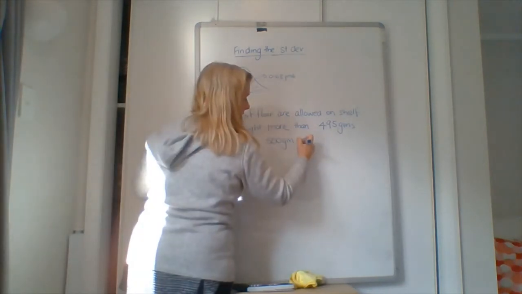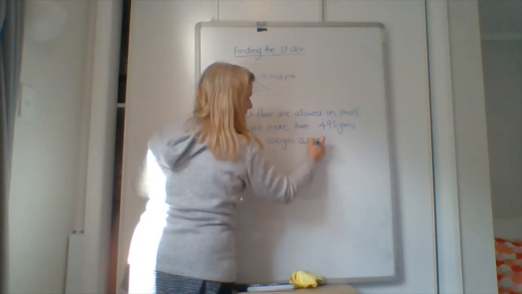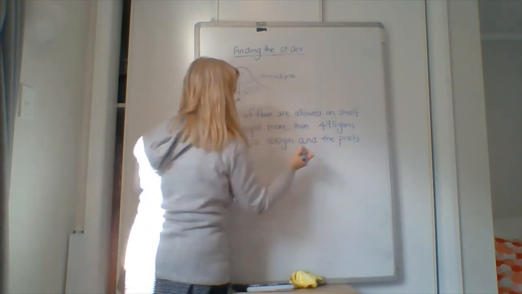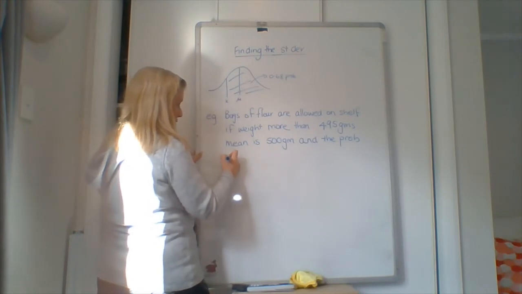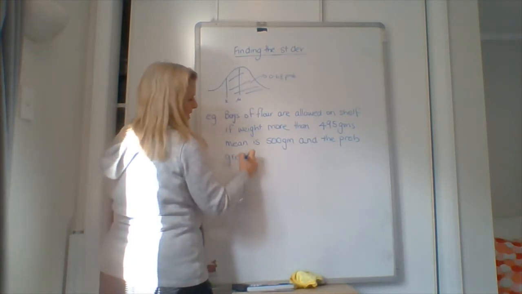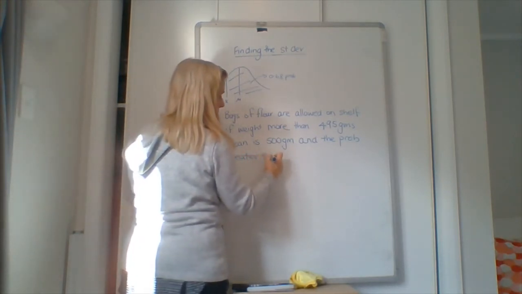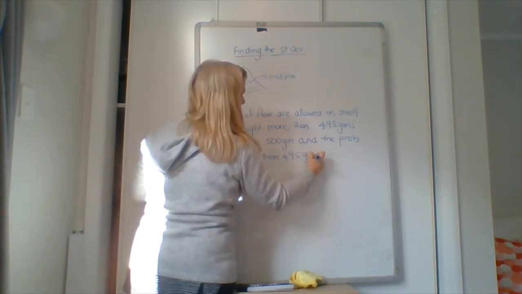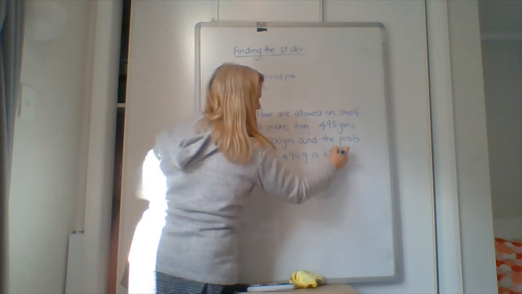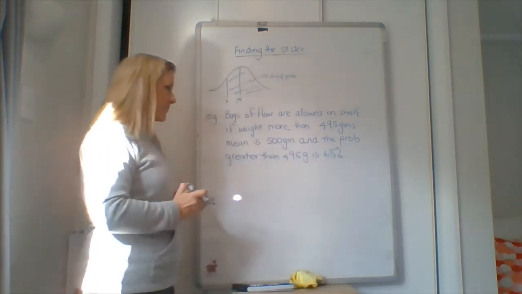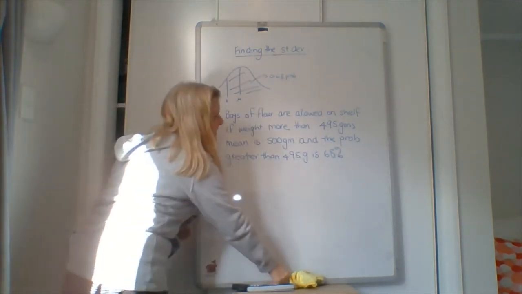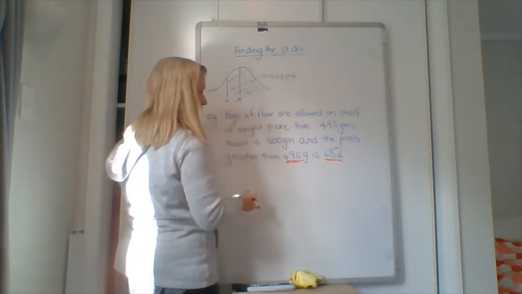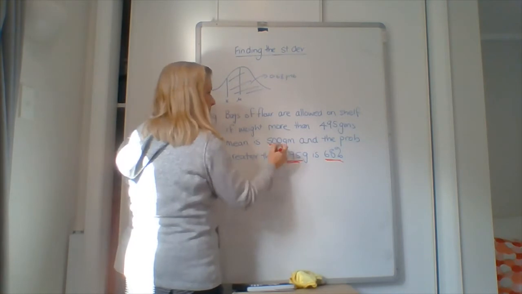But the standard deviation and the probability that they'll be greater than 495 grams is 68% of the time. So we've got the three things: our probability, our x, and a mean.